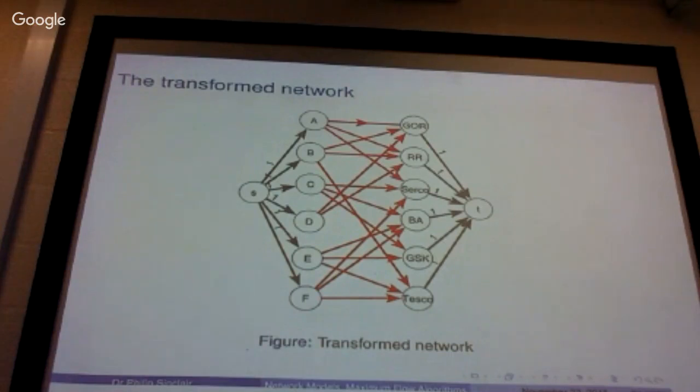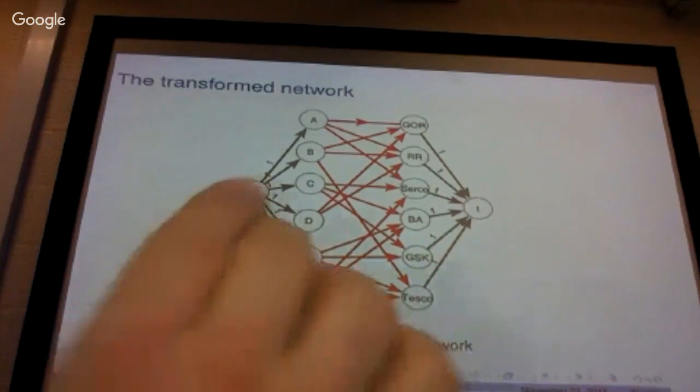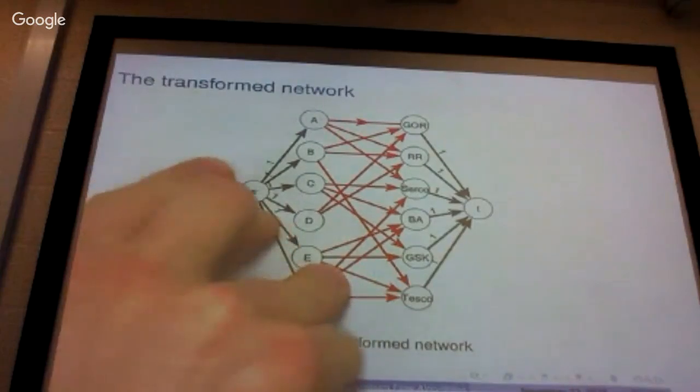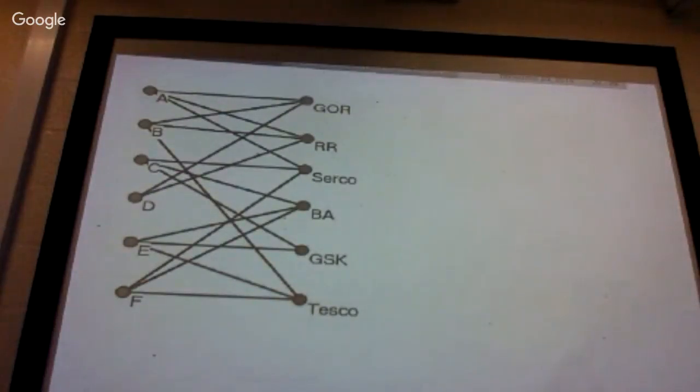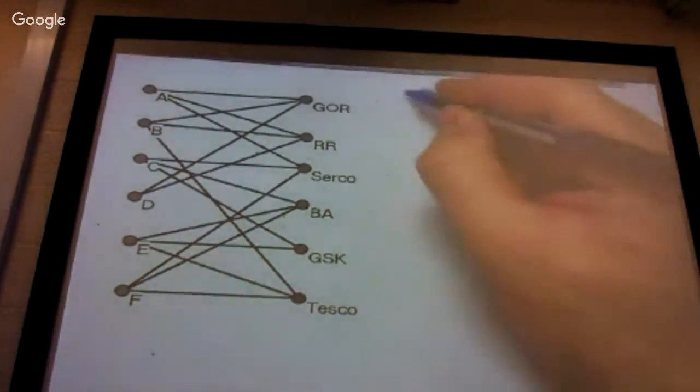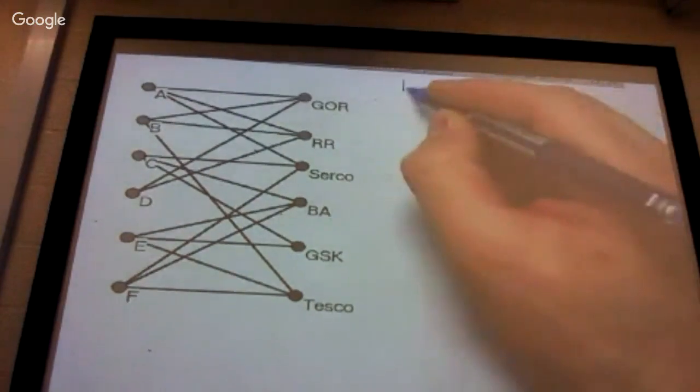Okay. But there is a different method, in which you use an integer programming model.